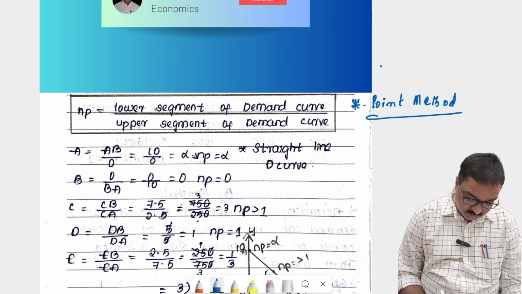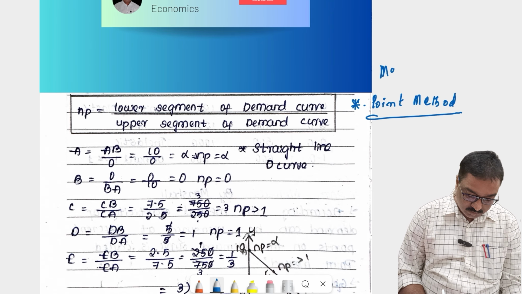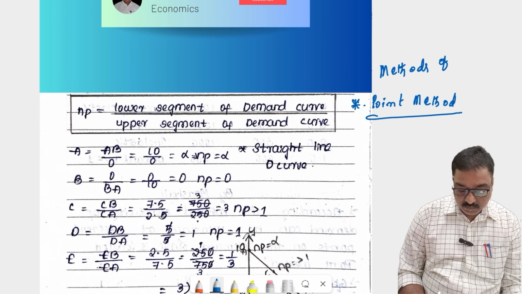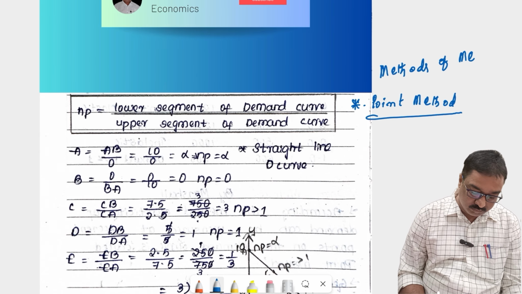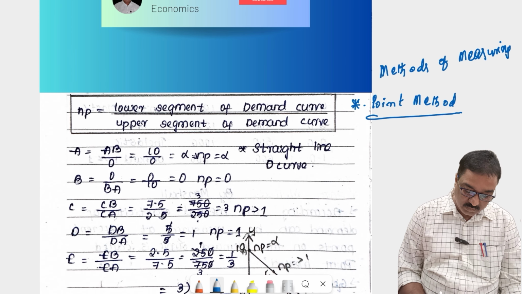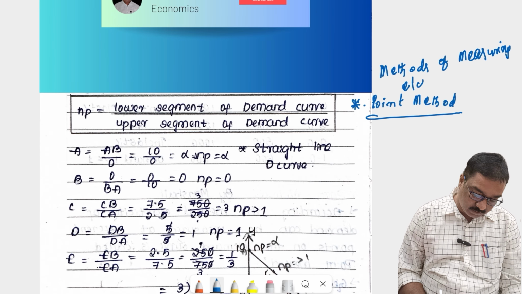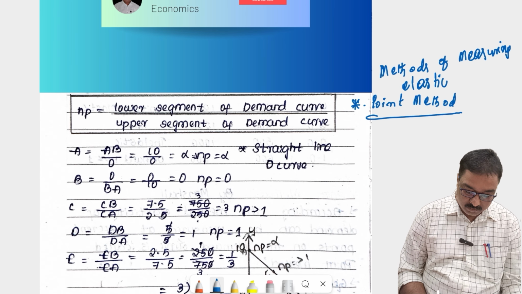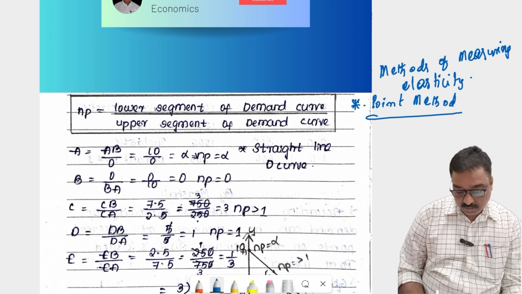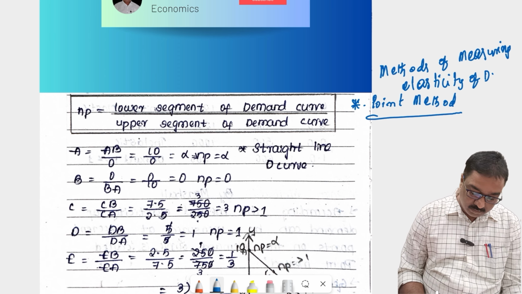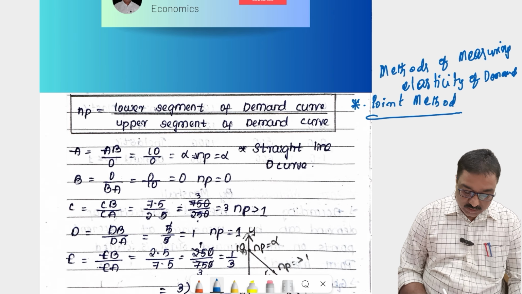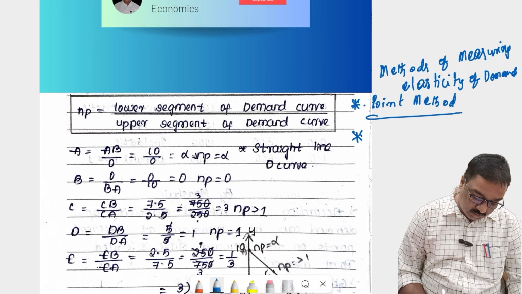Methods of measuring elasticity of demand: there are two methods, the point method and the second one, the arc method.